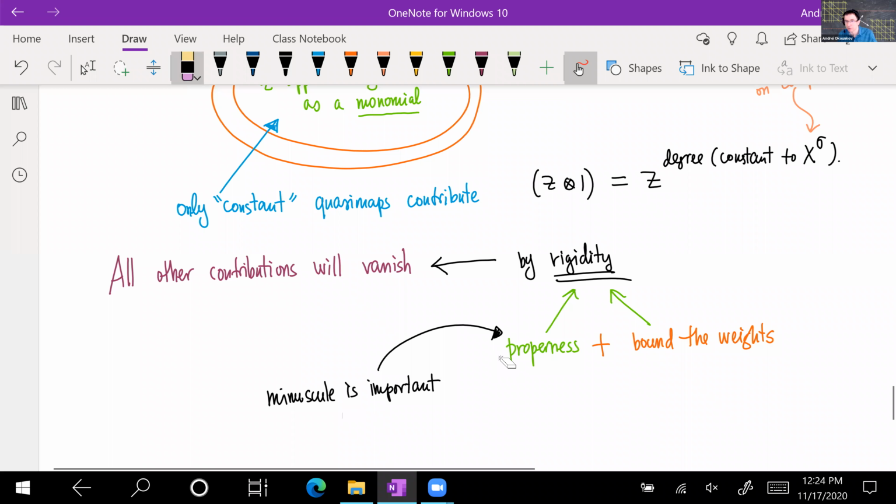So minuscule is important for these properties, and I will now explain it in the simplest possible example.